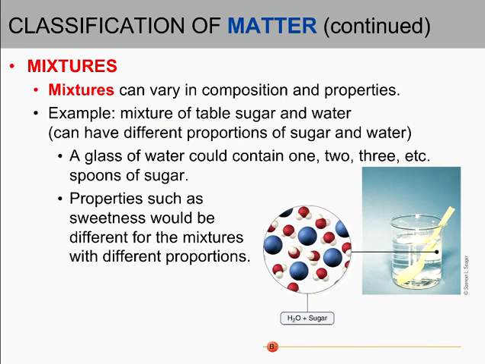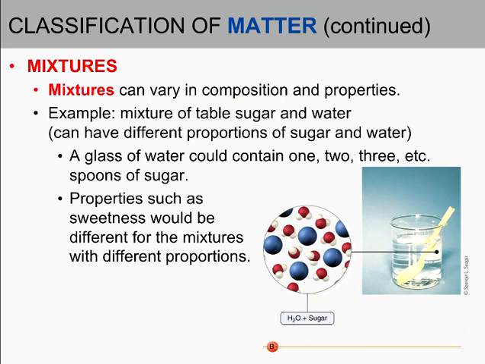Now, another way that we can classify matter is using the term mixtures. Now, if you have a mixture, that means that it can vary in composition and properties. So, for example, if we were to take that same beaker of water and add sugar to it, now we have a mixture.